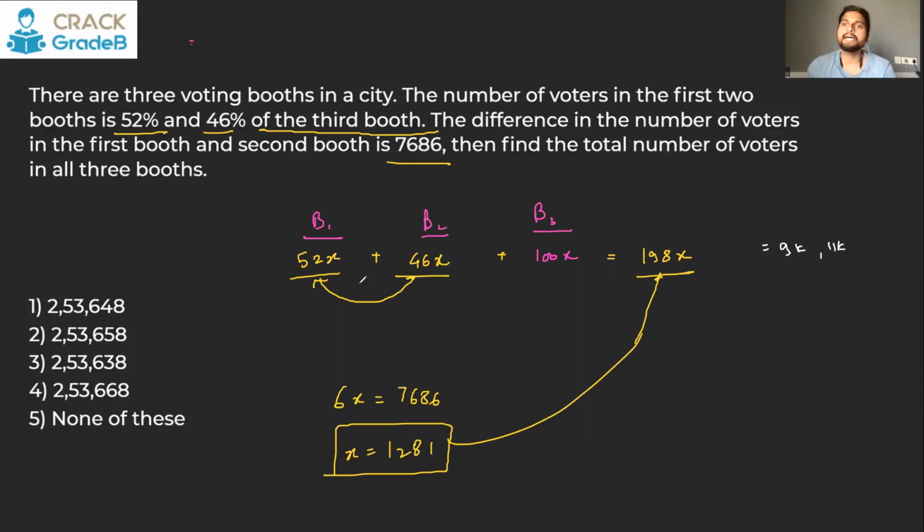So even if you can quickly figure out the multiples of 9 and 11 both from the options, it will be helpful, or you can just do the product. So the answer is going to be option number 3. Easy. Let's see one more.